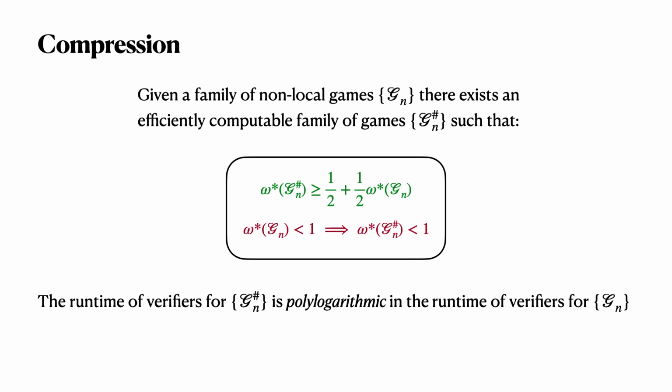Secondly, we want that if the nth game has a value less than 1, then so does the nth compressed game. So what is it that is being compressed? It is the runtime of the verifier in the nth game that is being compressed. Specifically, the compression theorem guarantees that the running time of the verifier in the nth compressed game is polylogarithmic in the running time of the nth game. So the compressed version is much faster.